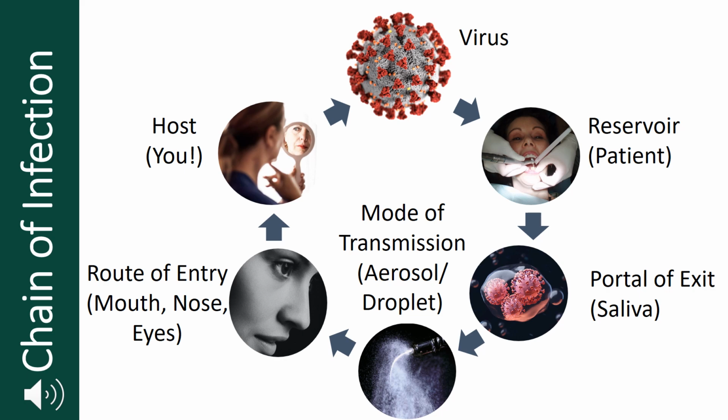Those aerosols or droplets must enter the route of entry, and those are either the mouth, nose, or eyes, in a host, which is you. And if you do get infected by that aerosol or droplet entering through your mouth, nose, or eyes, you can become infected with the virus and propagate this cycle.